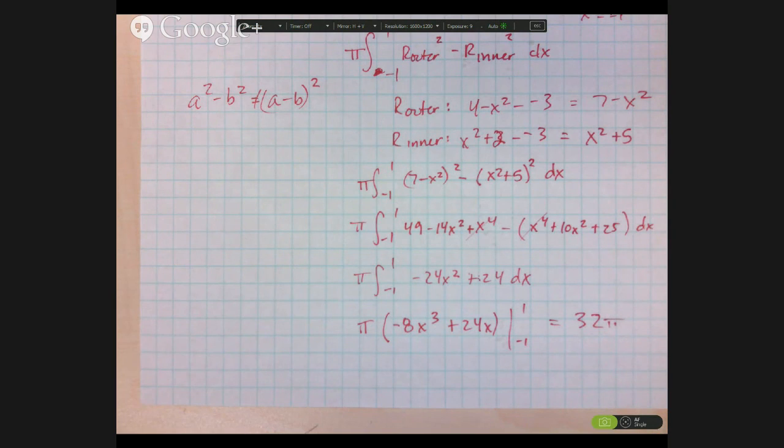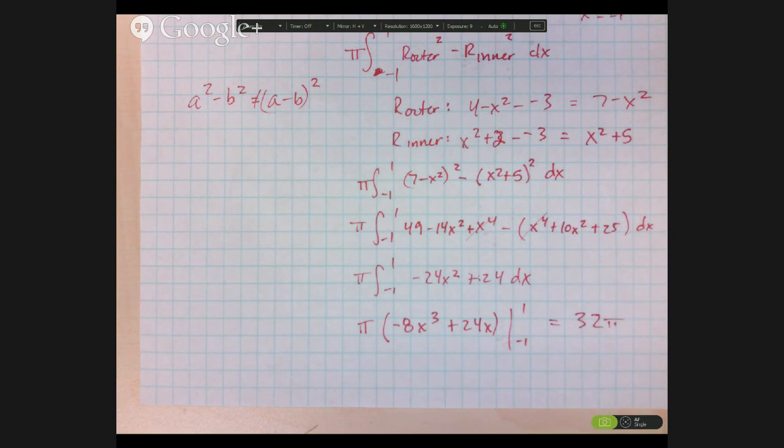Right, exactly. So the theme is subtract the axis you're rotating around. Okay.